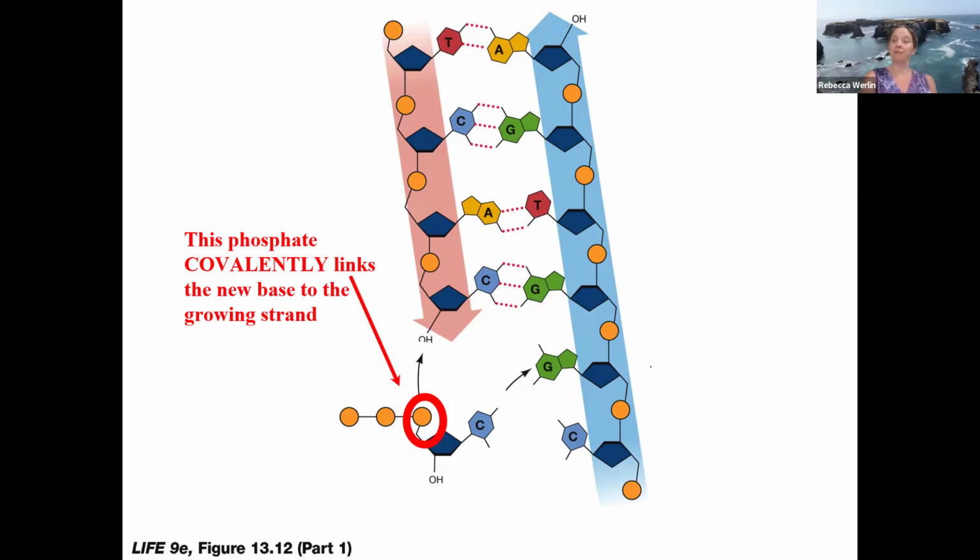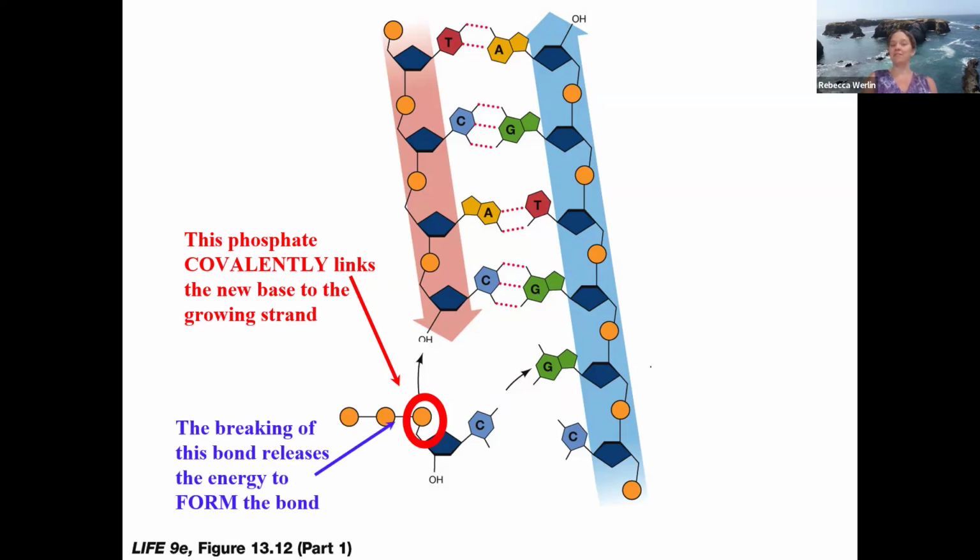So DNA polymerase is going to bring in the cytosine base and break this covalent bond. Now, this is a covalent bond that, when broken, generates a lot of energy. And so the breaking of that bond releases the energy needed to take that phosphate that's there and attach it to the hydroxyl group that's sticking off the 3' carbon.